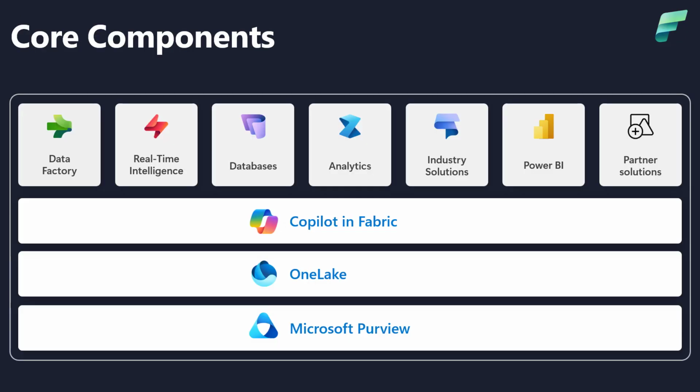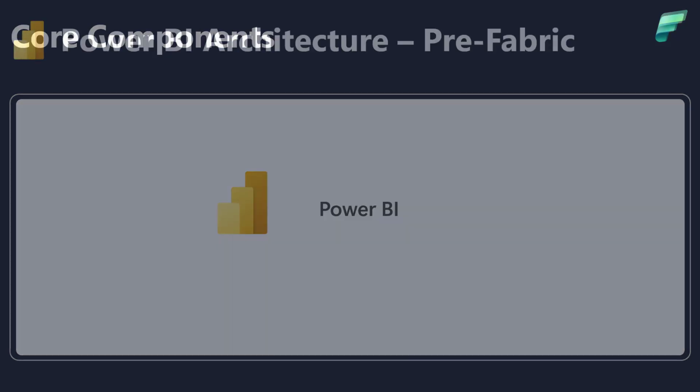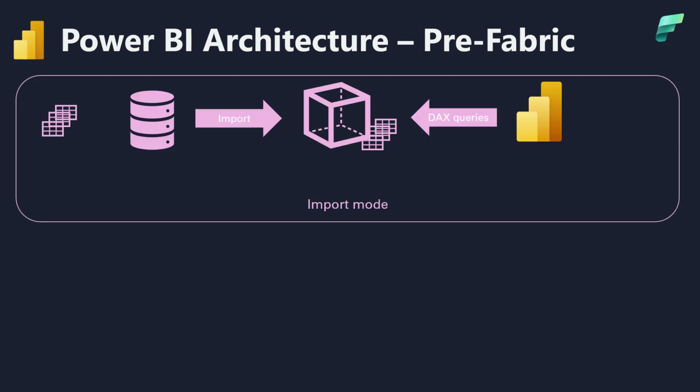Fine, let's move on and understand how Power BI evolved through Fabric. So to reiterate, the current Power BI architecture, the architecture before Fabric, the most common way of dealing with Power BI implementation and the recommended way of doing things is import mode. This is a typical workflow when using import mode. You import the data into the instance of the analysis services tabular, that's the cube in the middle, and from there, Power BI reports are sending DAX queries to populate visuals in your reports.